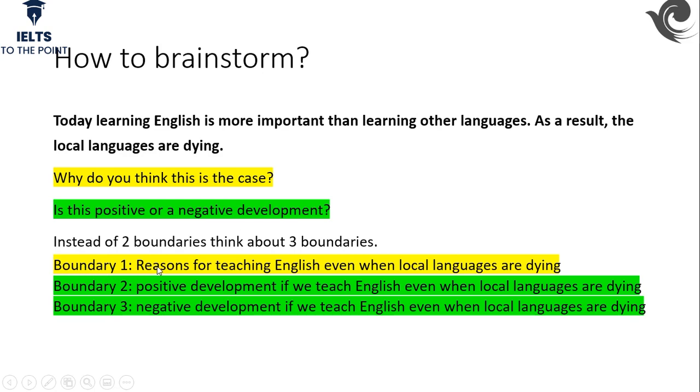For the second part of instruction 1, which seems like an opinion based essay, we decide we will treat this as an opinion based essay only. So we don't care about how many boundaries we have. We only care about the fact that from this instruction I am getting these 3 boundaries, and if I am getting these 3 boundaries after analyzing instruction 1 very well, I am going to go ahead and write these 3.